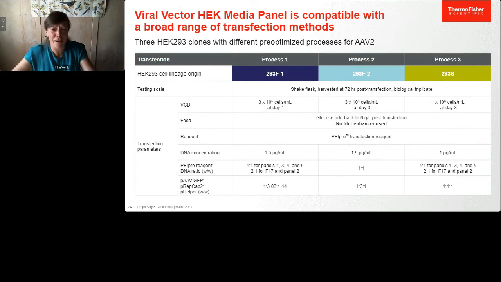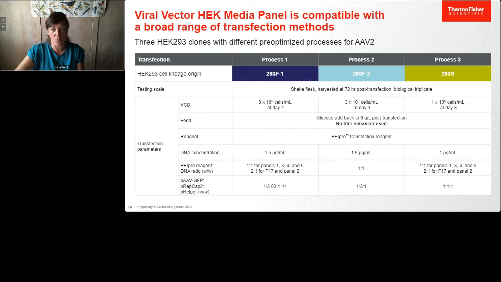In order to develop formulations that can increase viral vector production from whichever lineage the HEK293 is, we used two different cell lineages. This is quite a busy slide, but I'm going to walk you through.